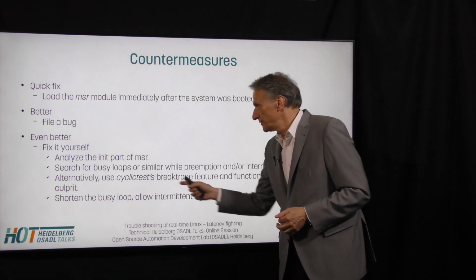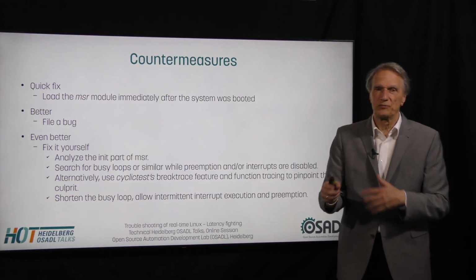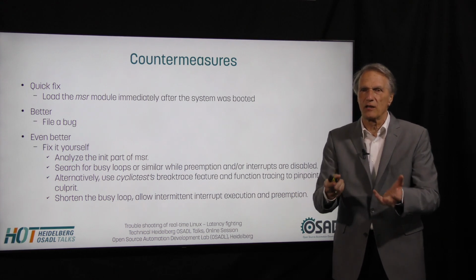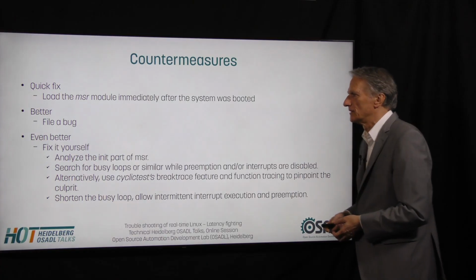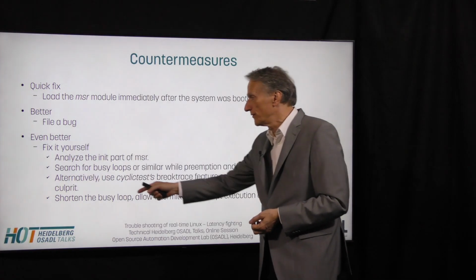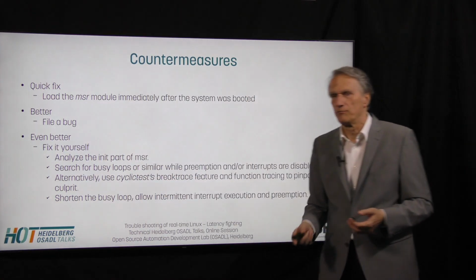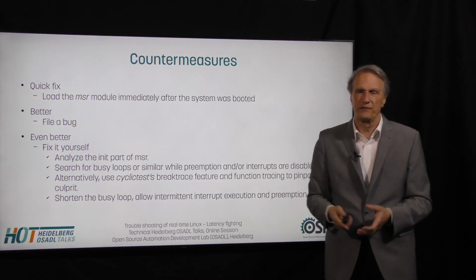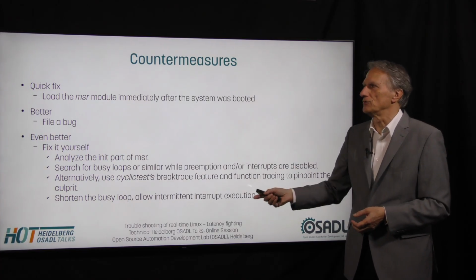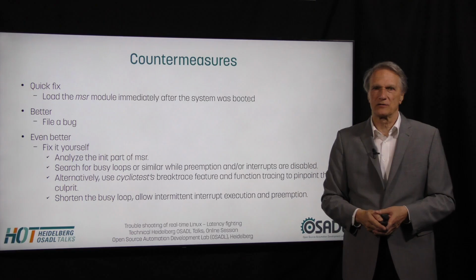There's the break trace feature of the cyclictest tool, with which we can find very clearly what happens and fix it. We may also try to shorten the loop, because maybe the programmer, as I said, was not aware of this real-time interference. So there's a lot of things to do. Maybe even the quick fix works.